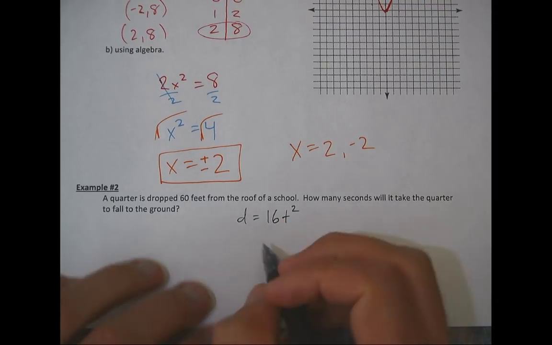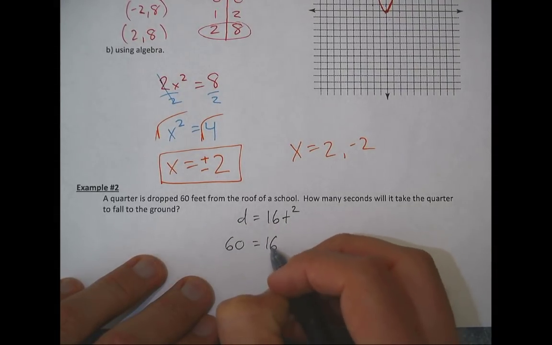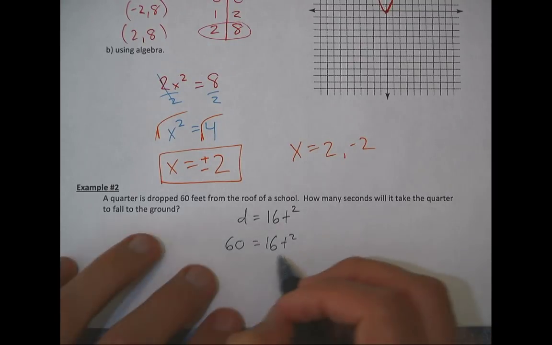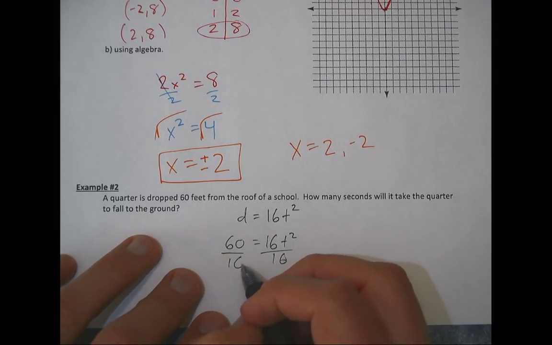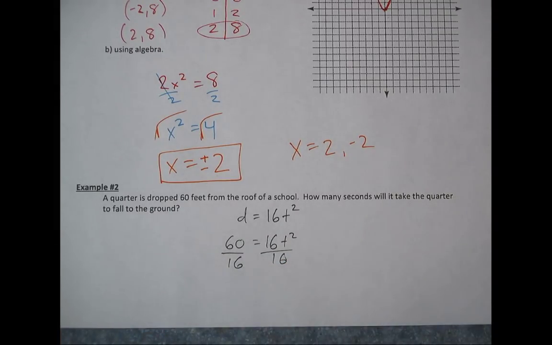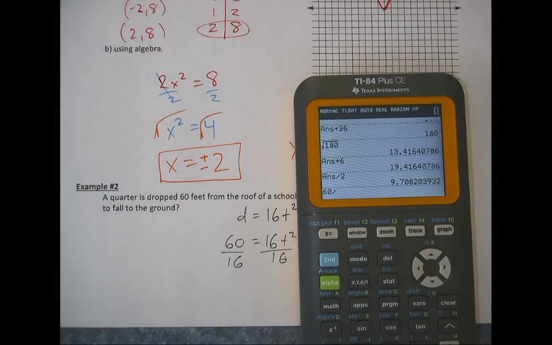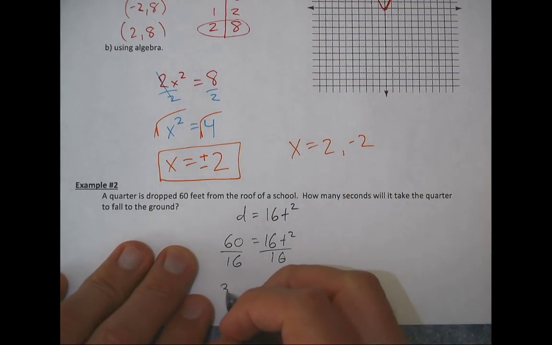All right, so distance becomes 60, and we're trying to find out how many seconds it takes. So we're trying to find t. Let's solve it. Divide by 16. 3.75 right on the dot, so we can use that number.